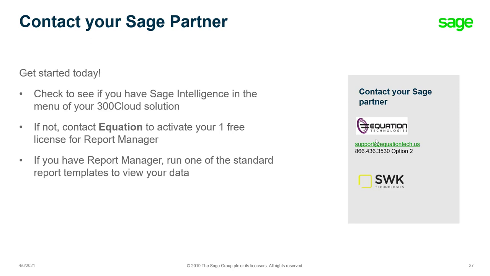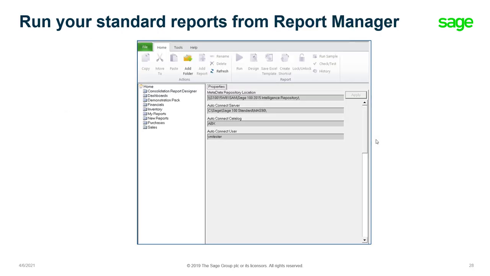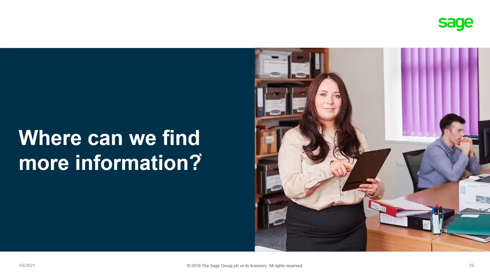It's really that simple. So if you don't have Sage Intelligence in the tree of your 300, contact one of these great people and they'll activate and help you get started. Go to Report Manager, click on one of these folders and run out a sales report or a purchase report, and then you'll see Sage Intelligence in action.